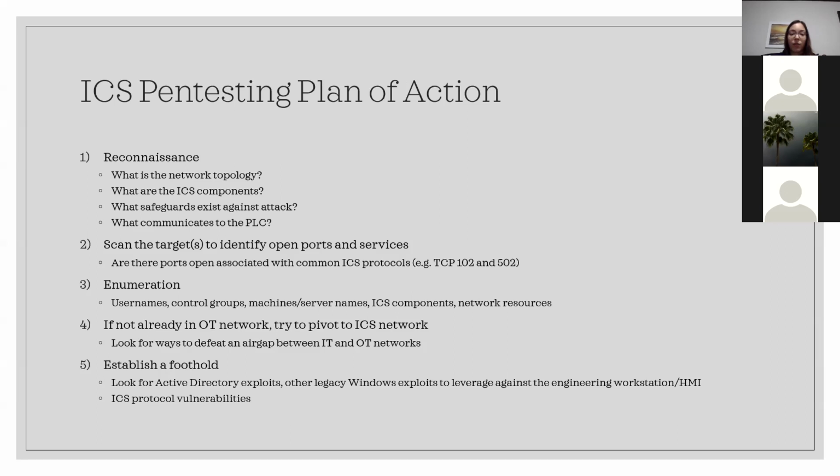So you can look for legacy Windows exploits. So you can break out Metasploit and see what modules it has for whatever Windows version that workstation is running. You can also look for Active Directory exploits. And then you can also look for vulnerabilities on the protocol level.